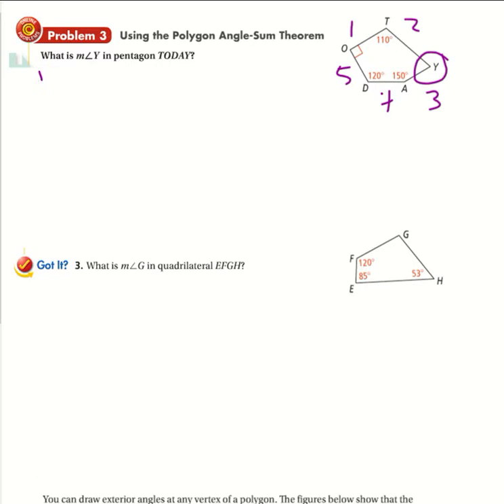So this is a pentagon. That's really important because you know a theorem that tells you the sum of all the interior angle measures of a pentagon, and that's our polygon angle sum theorem. Our n minus 2 in parentheses times 180 is what all those different angles would be added up together.